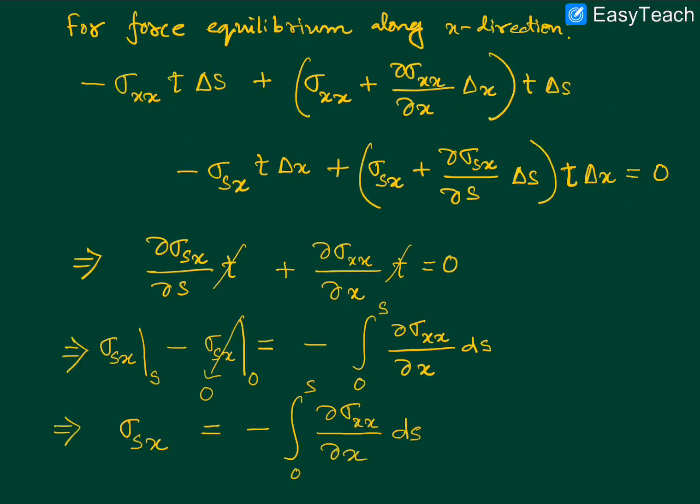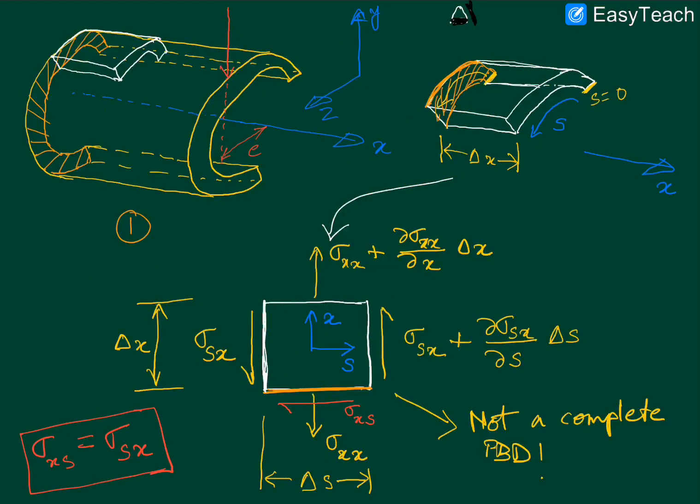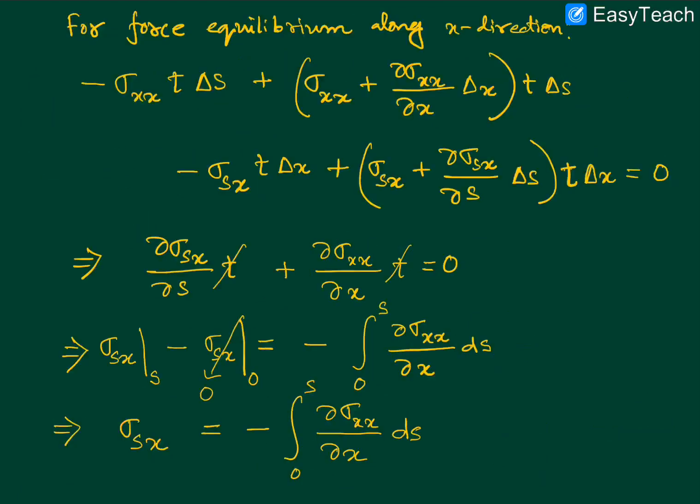So what I mean by the elemental area will be clear if I refer back to this picture. You understand that this part is ds, the length of this is ds, but multiplied by the thickness across this, that is t, that becomes the elemental area.